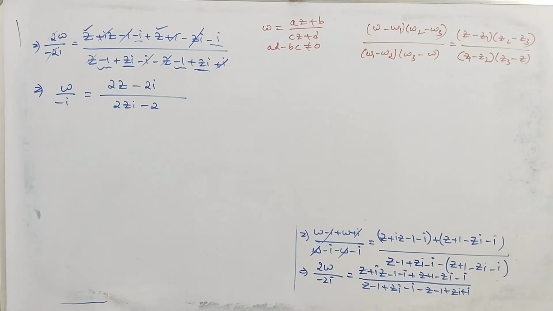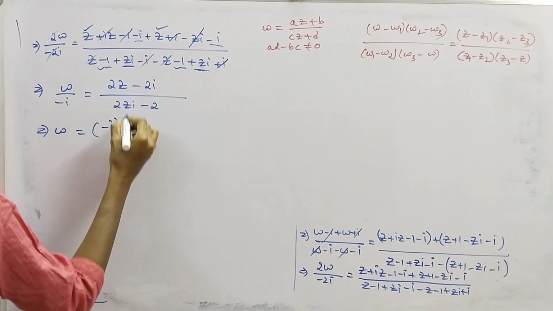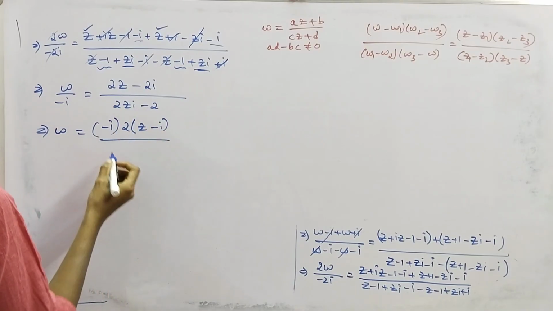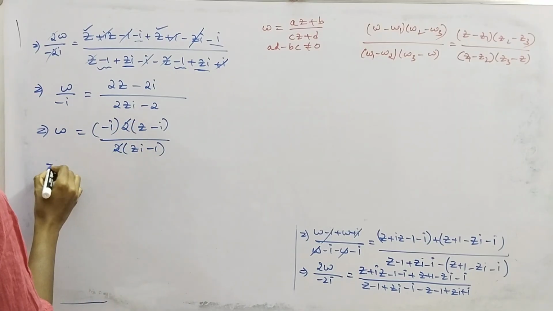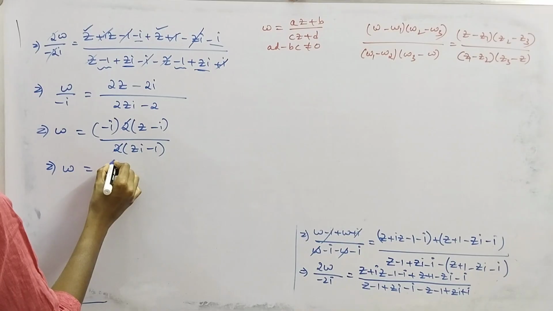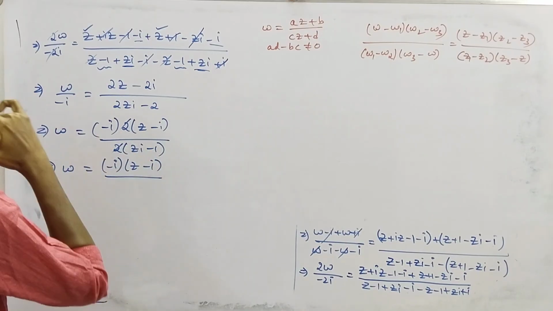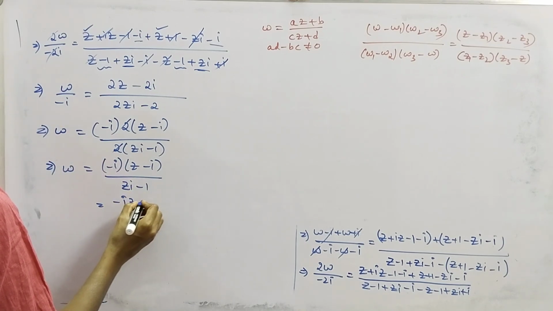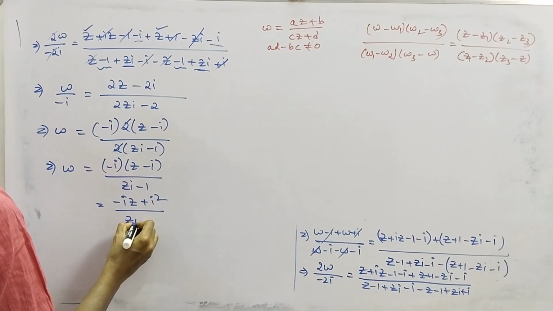Now let's take this minus I to RHS. We'll get omega equal to minus I into, take 2 common from the numerator, you will get 2 times z minus I by, here also take 2 common, you can go for one more step, cancel 2, we get omega equal to minus I into z minus I by zi minus 1, equal to minus iz minus into minus plus I square by zi minus 1.